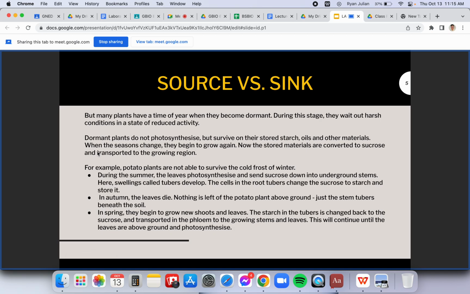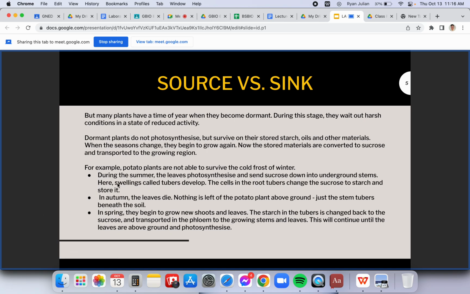When the seasons change, they begin to grow again. Now, the stored materials are then converted to sucrose and transported to the following region. For instance, we have a potato plant that is not able to survive the cold frost of winter.